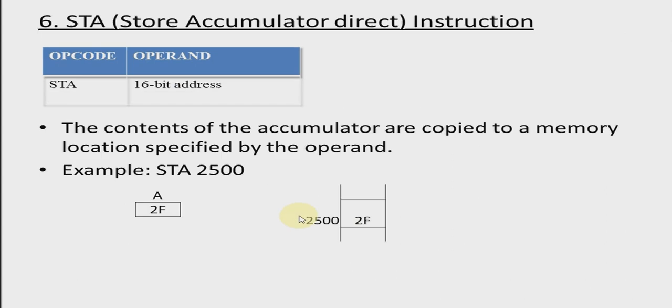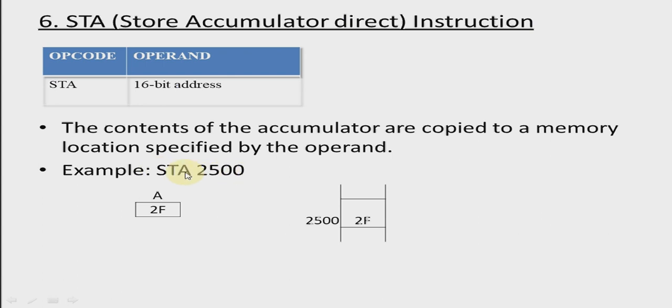Now moving to the next instruction, that is the STA instruction. This instruction stands for store accumulator direct. This instruction has a 16-bit address as an operand. The content of the accumulator is copied to the memory location specified by the operand. This is just the reverse of LDA. So if I write STA 2500, what does it mean?